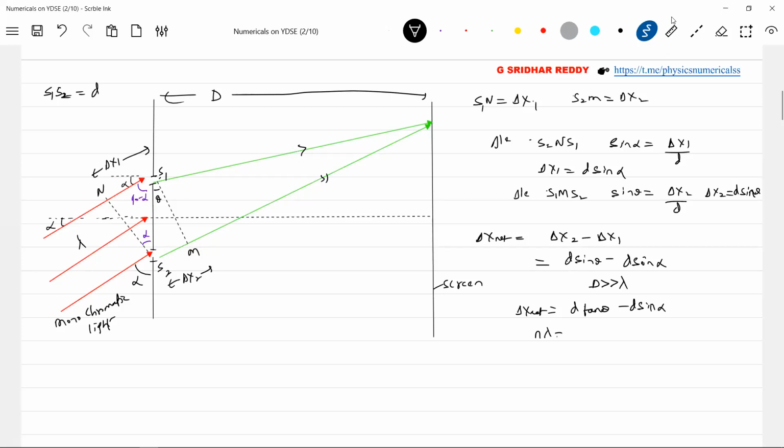So we are searching for the portion of n lambda: d y max by capital D minus d sine alpha. So y max equals n lambda capital D by d plus d sine alpha. Look at this equation once. This is the expression for the nth order maxima on the screen.